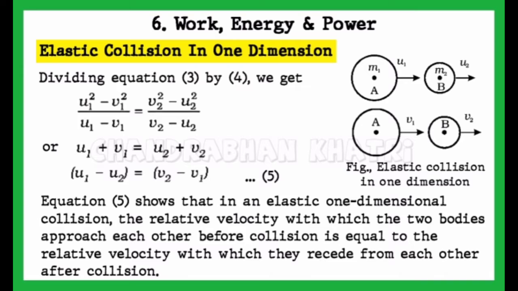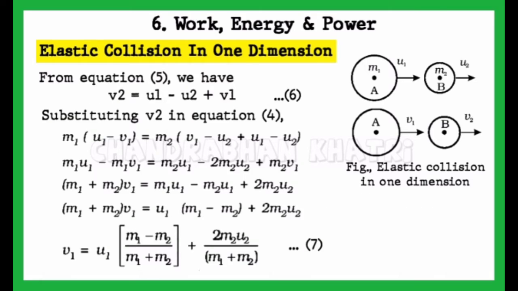This is the fifth equation. Equation 5 shows that in an elastic one-dimensional collision, the relative velocity with which the two bodies approach each other before collision is equal to the relative velocity with which they recede from each other after collision. From equation number 5, we have v2 is equal to u1 minus u2 plus v1. This is the sixth equation.